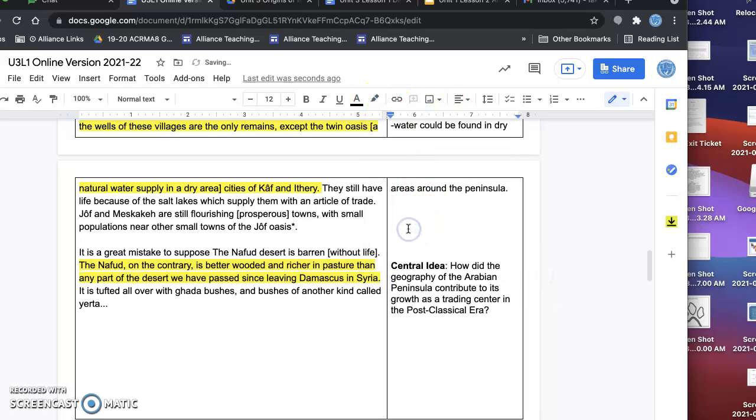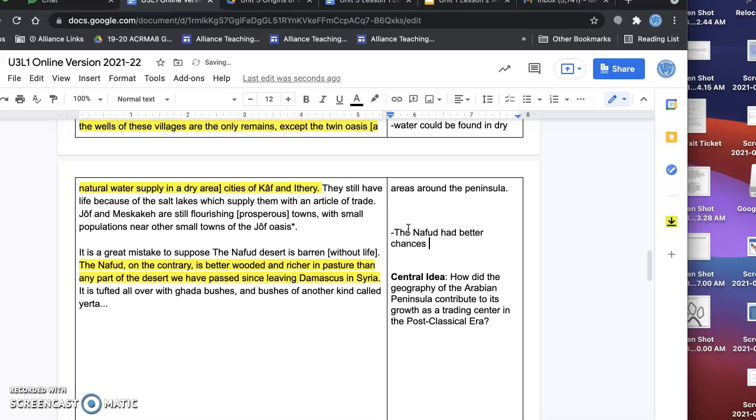And then annotating it on the side, we could put the Nafud had better chances to grow crops. Once again, we're putting that in our own words. The Nafud is better wooded and richer in the pasture.